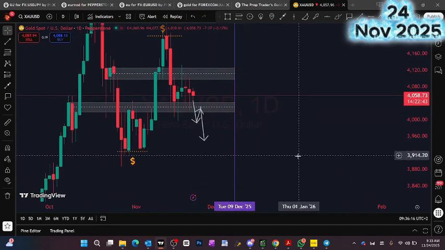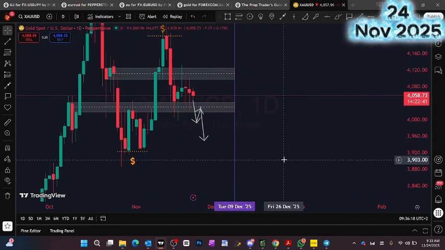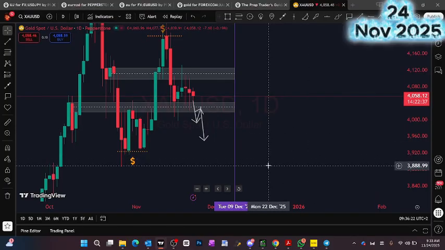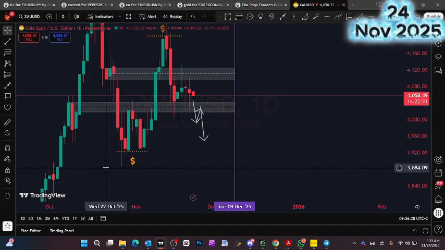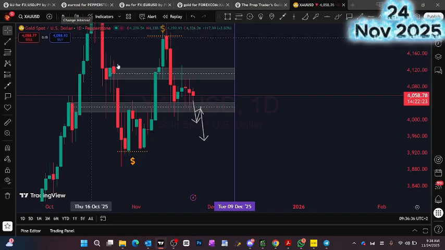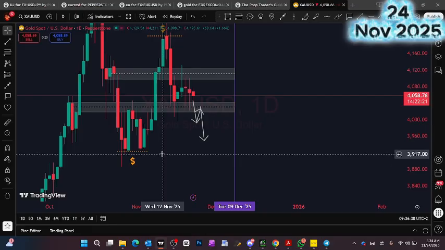Where can we go? Well, it did bounce on this resistance here. So for us to be safe, we'll just pick, yeah.